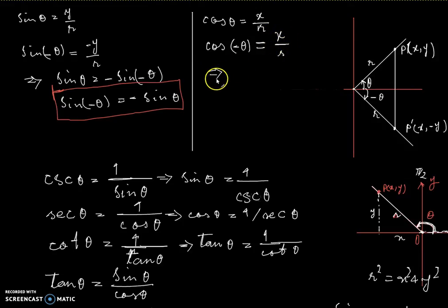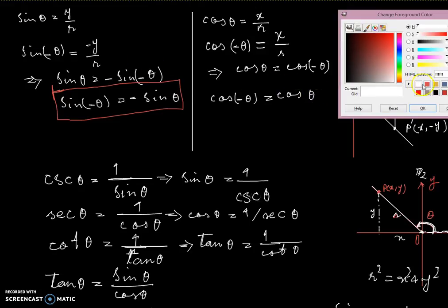So you can say that cos theta is equal to cos minus theta, or cos minus theta is equal to cos theta. This is also important, which you should know.